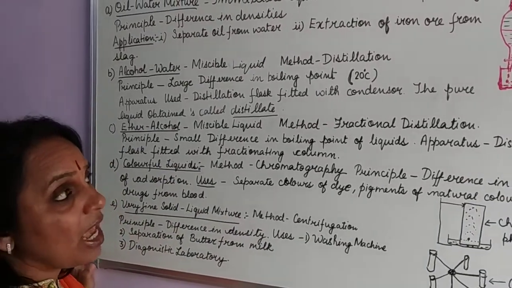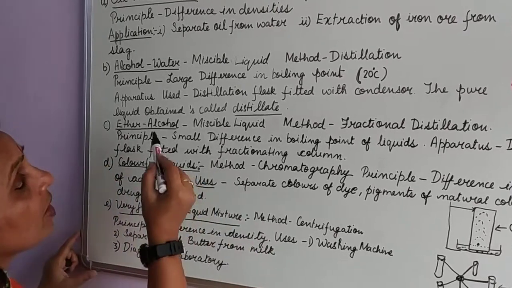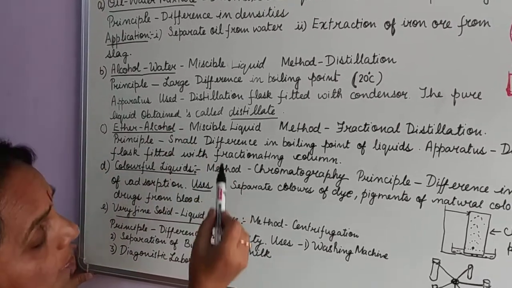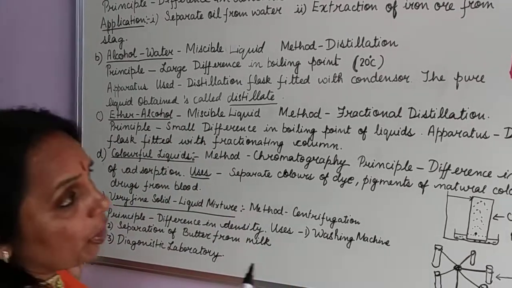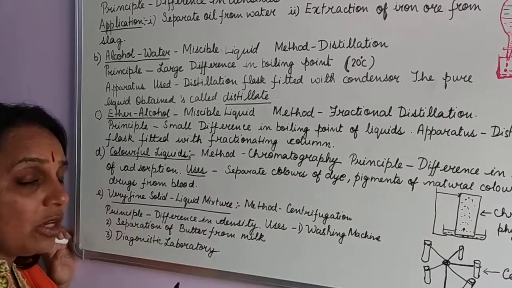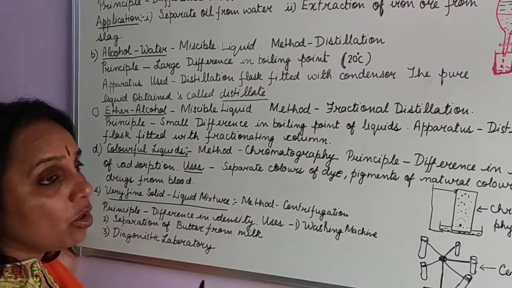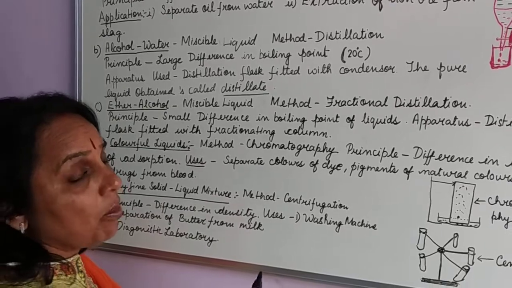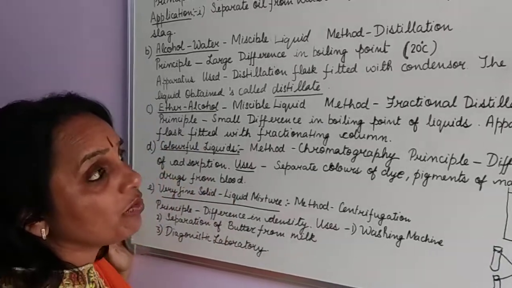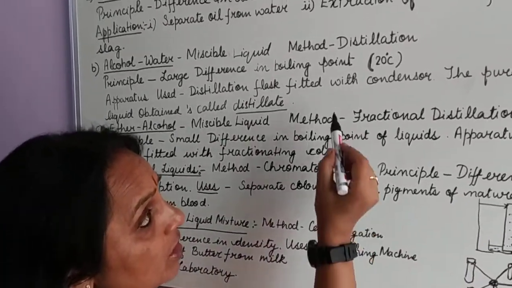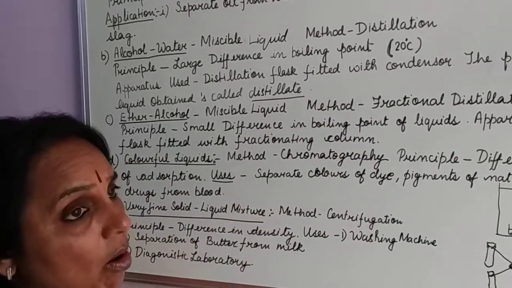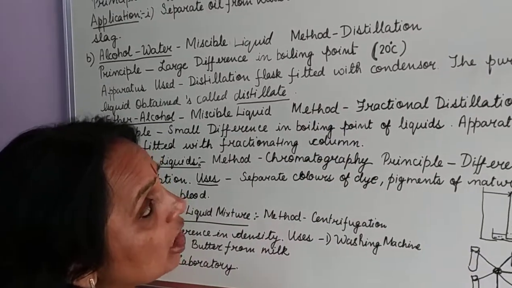When we place the contents of the mixture in the round bottom flask fitted with a condenser and we start heating it, both the liquids get heated up and both start vaporizing. But the component which has a lower boiling point will form a large number of vapors as compared to the component which has the higher boiling point.